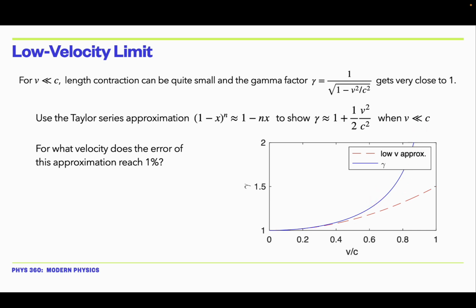The blue one diverges to infinity. So you have another homework problem: at what velocity does the error between these two curves reach 1%? If you're going slower than that value, then it's probably pretty good to use that formula for most cases.